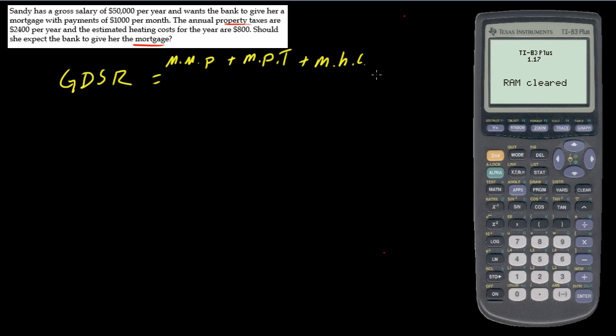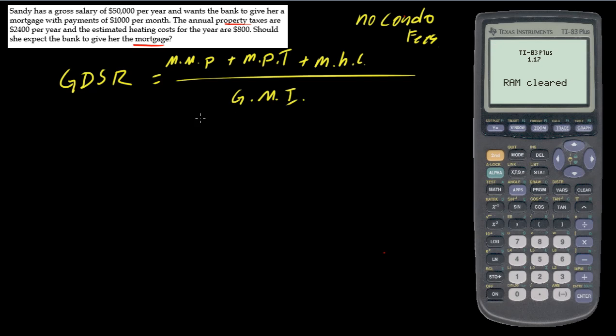She is not buying a condo. How do I know that? Because it doesn't say that in the question. So there are no condo fees here. We're going to divide all that by the gross monthly income, the GMI. I love all of these abbreviations. Right now, the question gives us absolutely none of these.